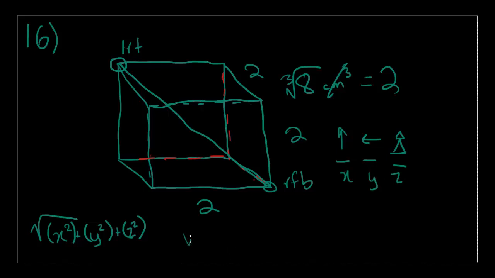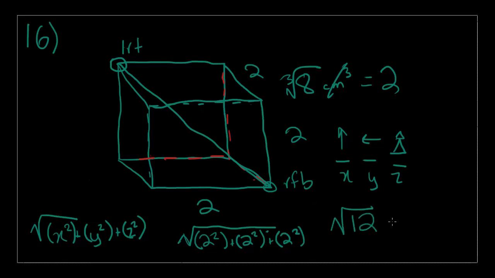So this equation will turn out to be 2 squared plus 2 squared plus 2 squared. And that's just 4 plus 4 plus 4, so the square root of 12. And if you factor that out, it'll be equal to the square root of 2 times 2 times 3. You can get rid of the 2's, so it's equal to 2 root 3. And that is choice D.